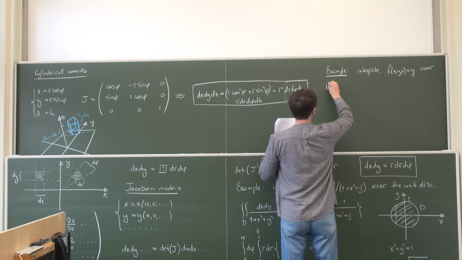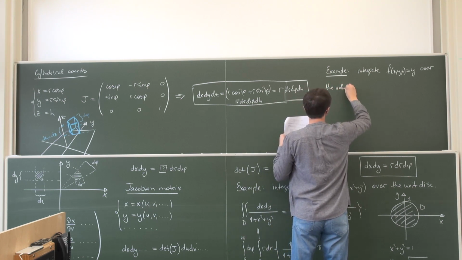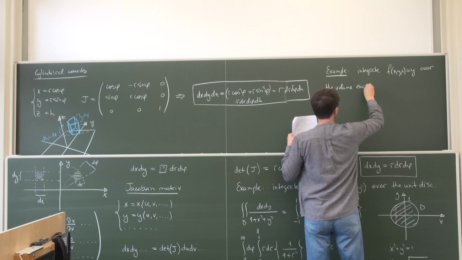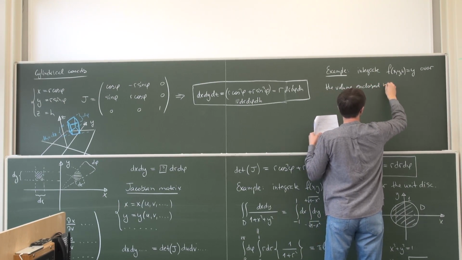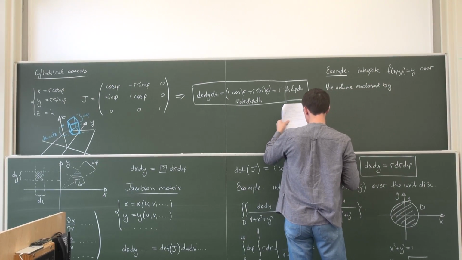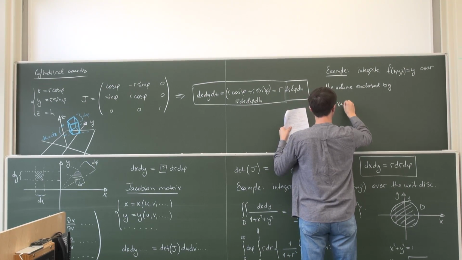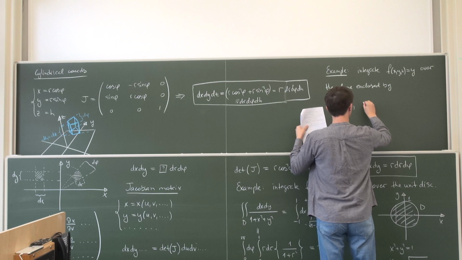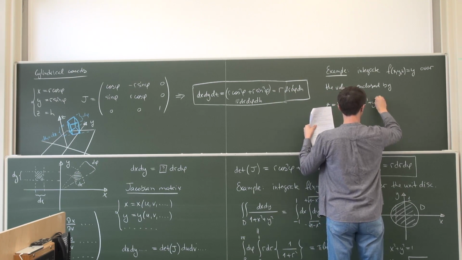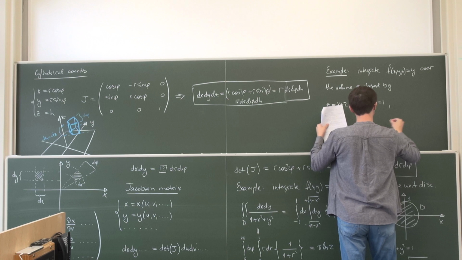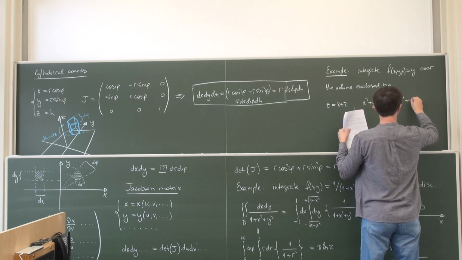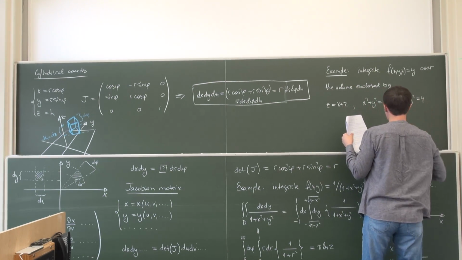The volume closed by 3 surfaces. z equals x plus 2, then x squared plus y squared equals 1, and x squared plus y squared equals 4.